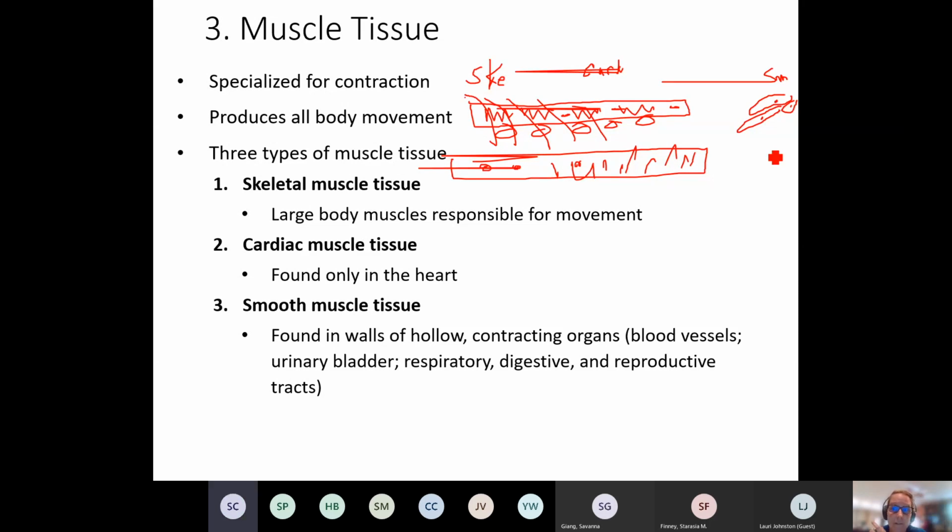The vein, which has a few muscle cells embedded in its histological layers, all of a sudden now having to act as an artery and having to deal with the high pressure of the fluid flowing through it, will actually hypertrophy its smooth muscle layers and hyperplasia, grow new smooth muscle cells from the existing ones, and it'll slowly, in a few weeks, start to look like an artery because it'll have a nice thick layer of muscle that grows from the existing smooth muscle cells that were there in the beginning. Okay, so that's kind of the spectrum.